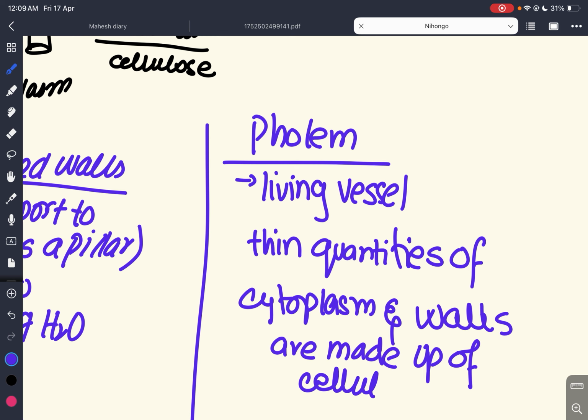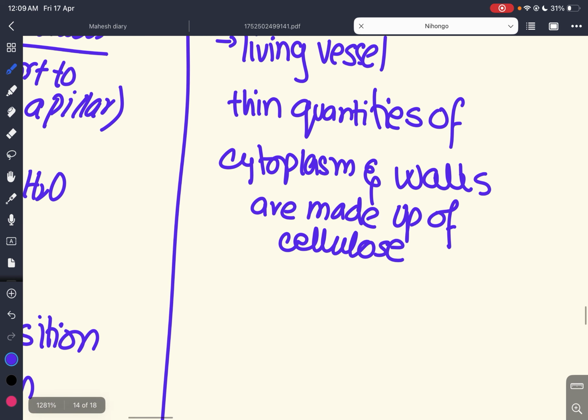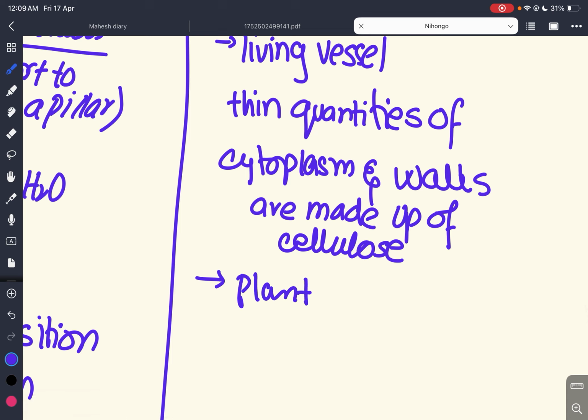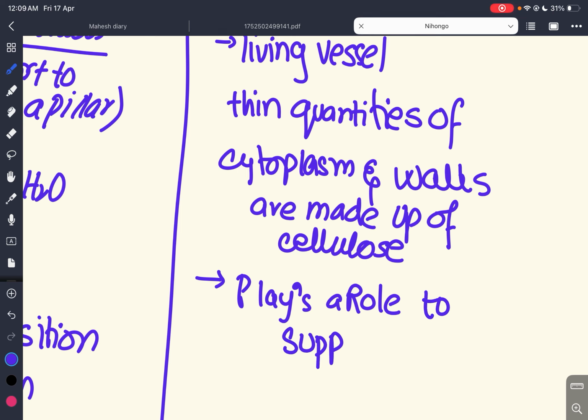We will discuss the structure more in plant biology. It plays a role to support the plant body by giving it nutrition.